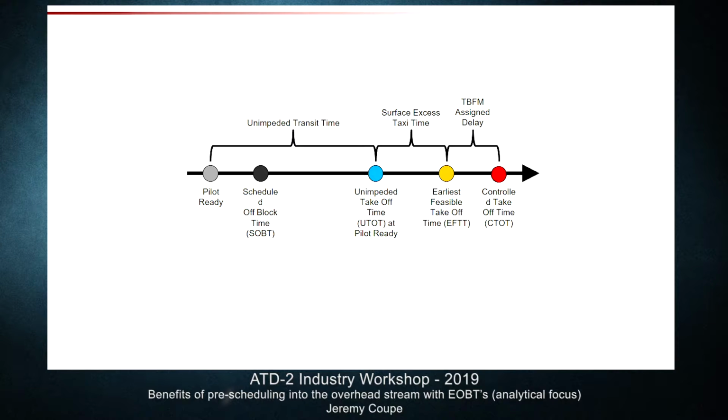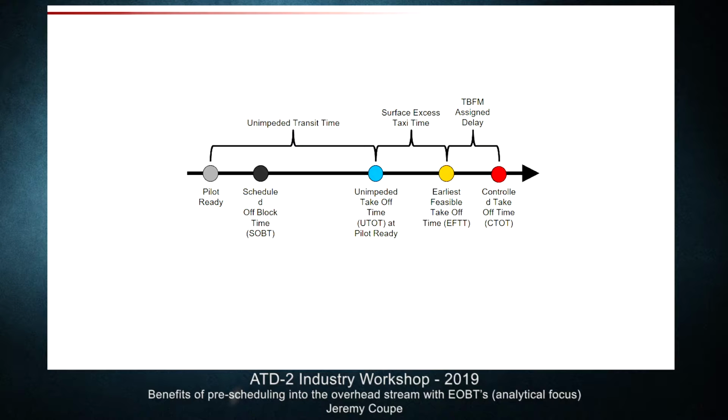Why is this the most fair? Because if the pilot's ready, and this is how long it takes to taxi to the runway, then the difference between when they show up at the runway and when their control time is, that flight doesn't care if that delay is coming from the surface congestion or from TBFM. It's some type of delay that aircraft is going to incur, whether it be the surface excess taxi time or the TBFM assigned delay.